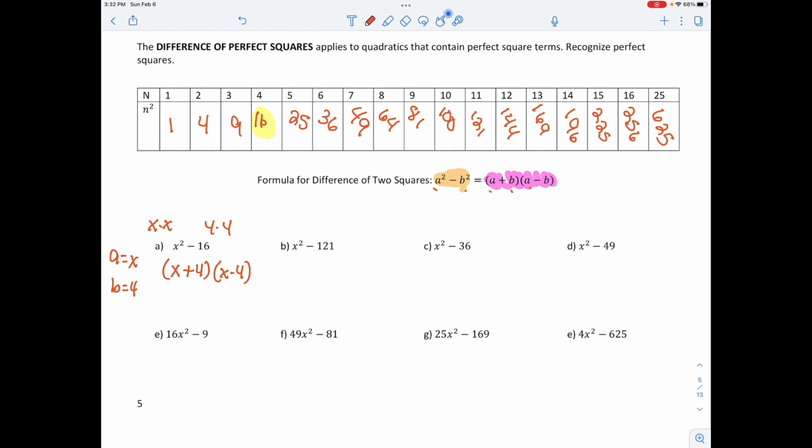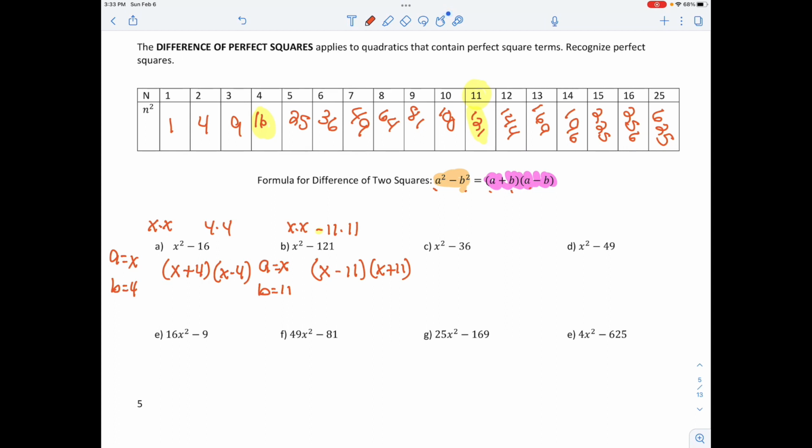All righty? So in b, I have x times x and 121. If we look at our handy-dandy chart, we see we have 121, and it's 11 times 11. So again, my a is x, b is 11, so I can write this as x minus 11, x plus 11. I'm just going to do it differently just to freak you out there.